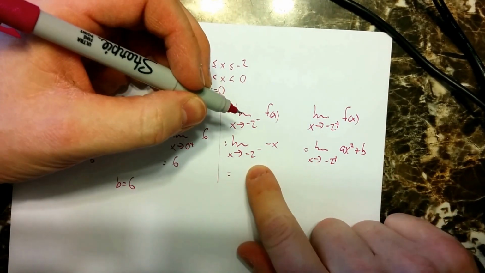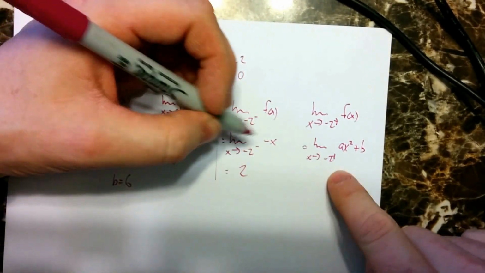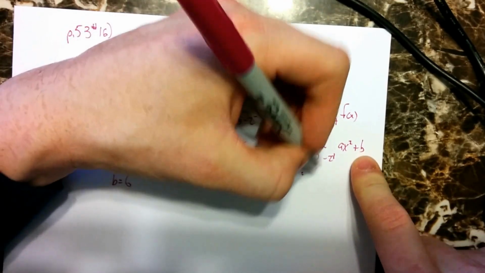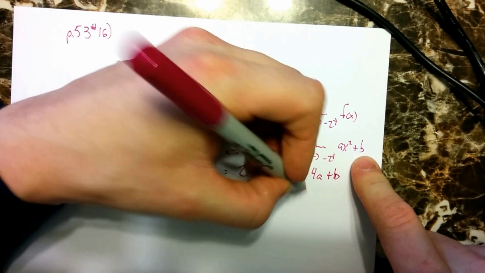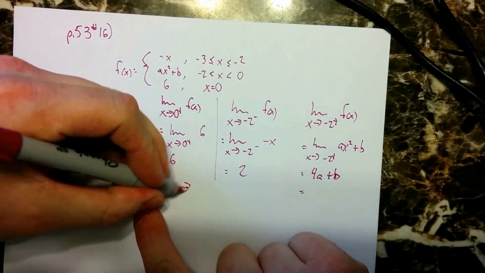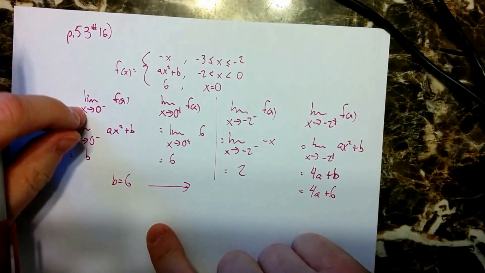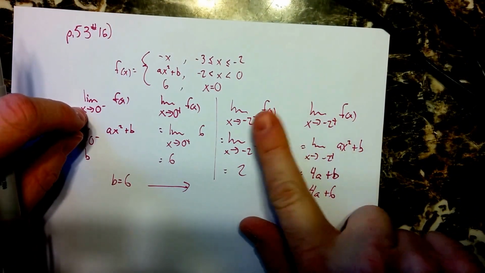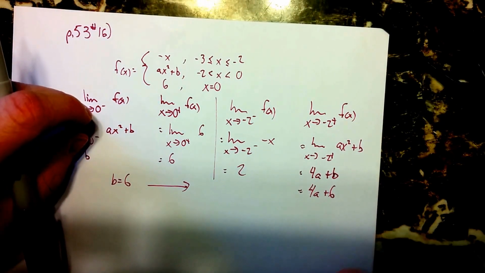If we apply this limit, I'm going to get 2. If we apply this limit, I'm going to get 4a plus b. Now, since we know that b already equals 6, we'll just throw that in over here, and we'll get 4a plus 6.